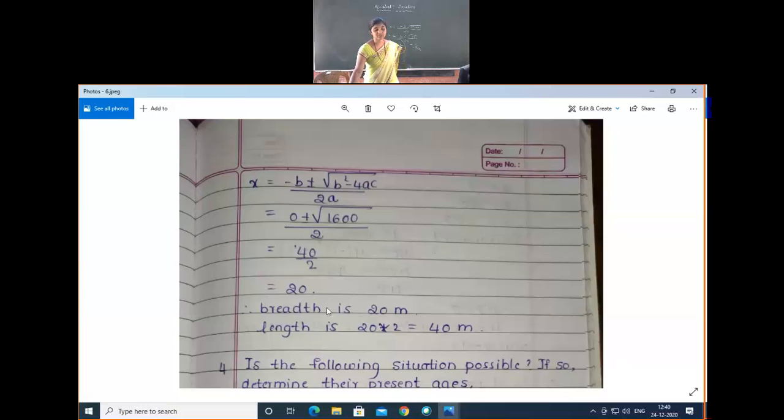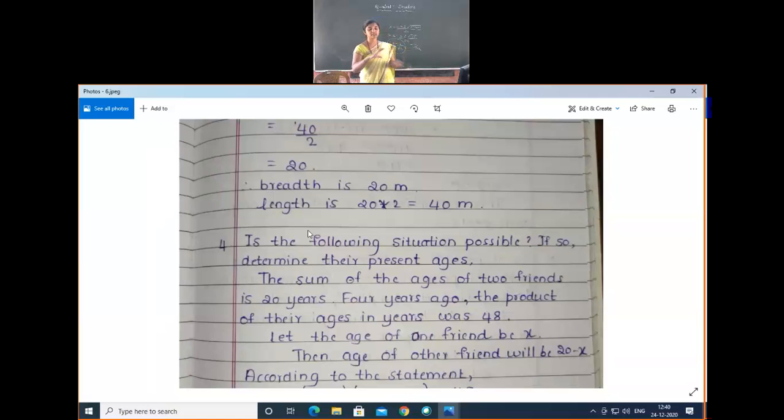So breadth is 20, and length, twice the breadth, is 40 meters. Got the idea of this problem? Simple problem, no, students? We all know how to express a statement problem as a quadratic equation. Same problem, we just have to find the nature of the roots in this section. Okay, next, fourth question.